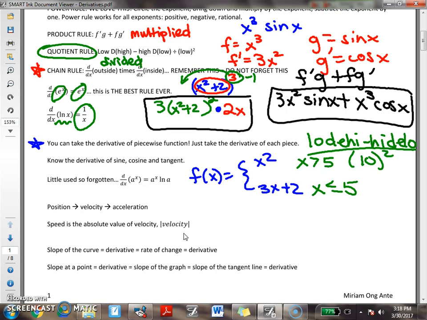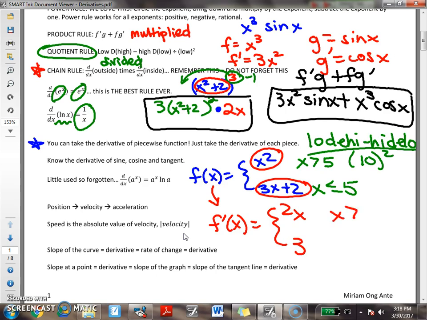If you want to get the derivative of this, just take the derivative of each piece, okay? Derivative of x squared is 2x. Derivative of 3x plus 2 is 3, and just copy the domain. I'm going to do some examples with that later.